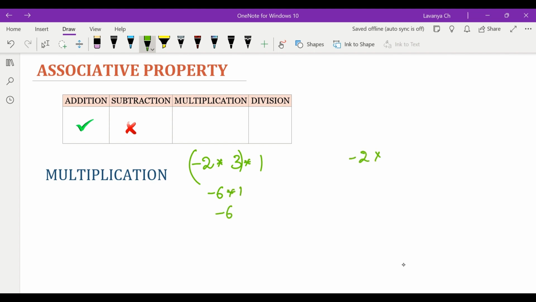Again perform multiplication by rearranging the parentheses. We'll consider the last two. So 3 into 1 is 3, and negative 2 into 3 is negative 6. Both the answers are matching. So multiplication of integers is associative.